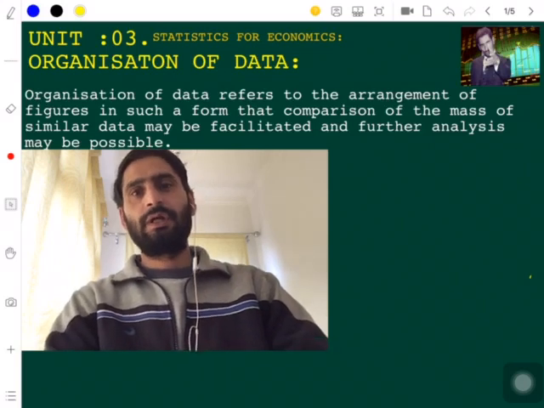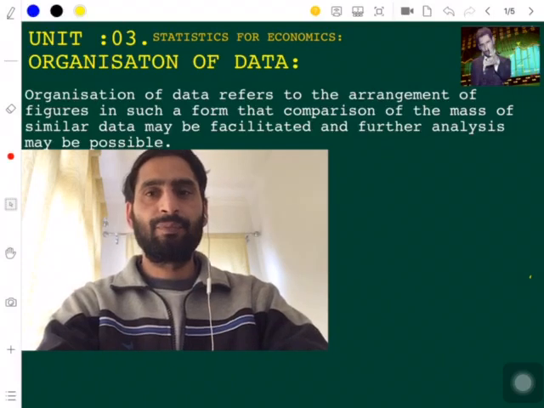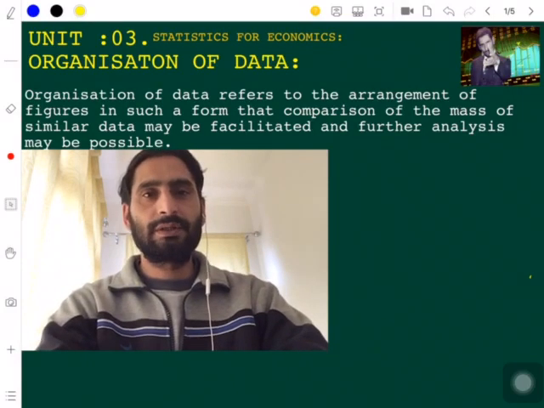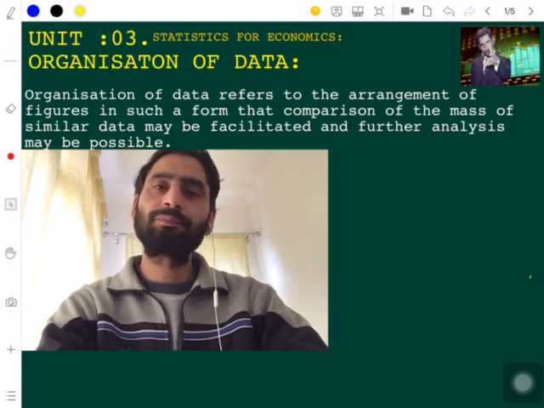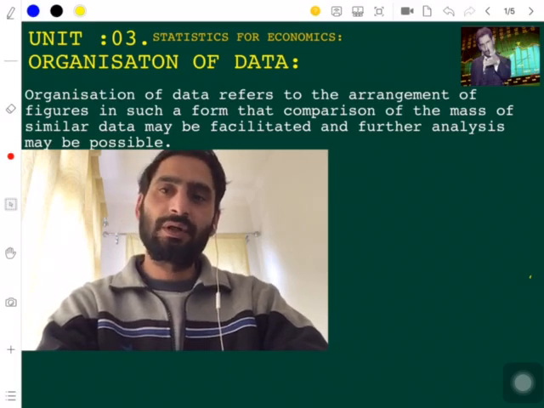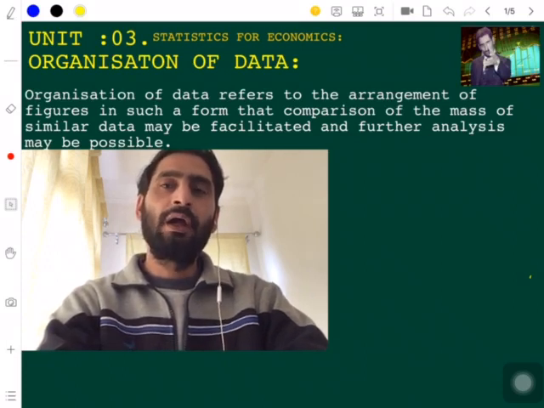As you know, we have already completed a few chapters from both books, that is, microeconomics as well as statistics for economics. In statistics for economics, we were able to complete the introduction, that is chapter one, and the collection of data.